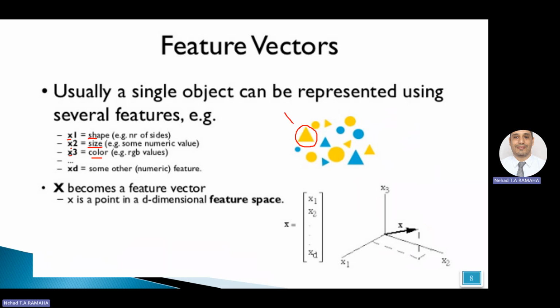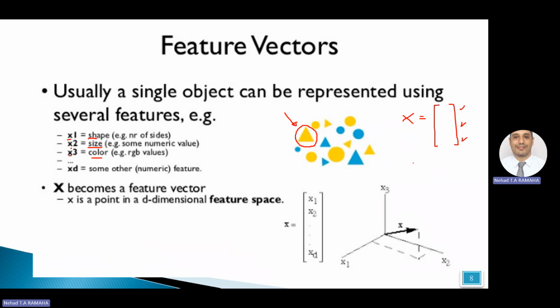So imagine that this element is X, and we want to represent it depending on its features. We have three features, X1, X2, X3, so we have three elements in the vector.